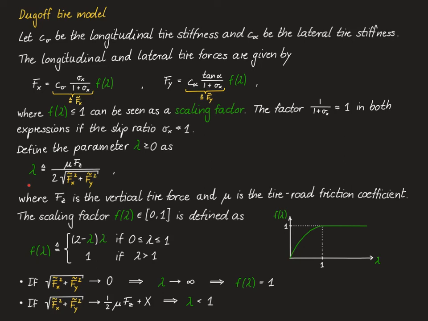Then, by this formula, lambda starts to assume values less than 1, and hence also f of lambda will become less than 1, and so the unadjusted longitudinal and lateral tire forces will be scaled by a factor between 0 and 1. Of course, the scaling is arranged in such a way that the geometric sum of Fx and Fy will never exceed the friction limit of mu Fz.